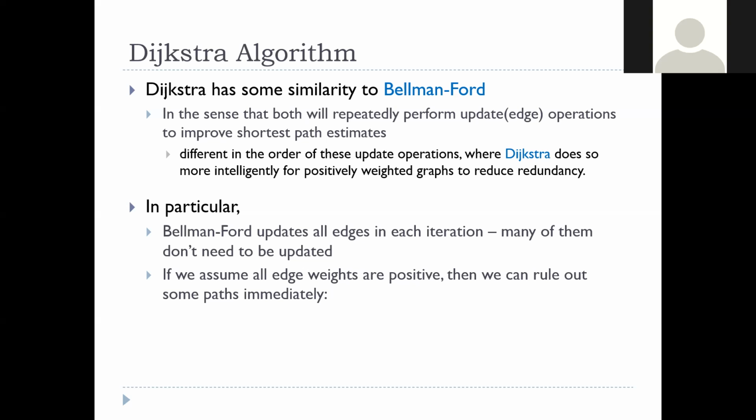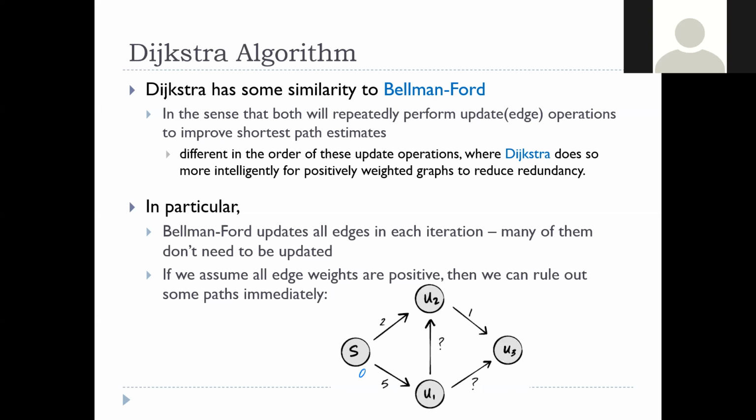Now if we assume that all edge weights are positive, then we can actually rule out paths more immediately, instead of doing a lot of redundant updates. Here's just one example. Let's consider this graph. Let's say that at the beginning only the node S has distance estimate 0.